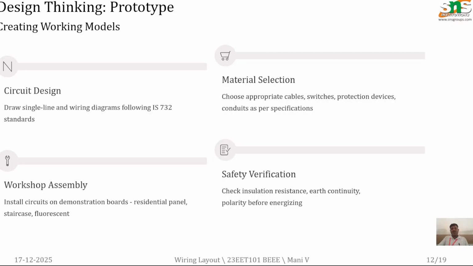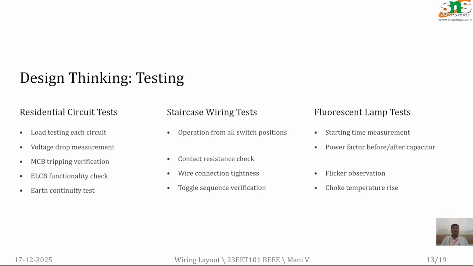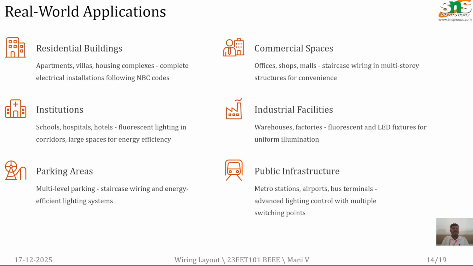You have to install the MCB, ELCB, and especially the earthing, before giving the power supply to any residence. During testing, we can do a load test, voltage drop measurement, MCB tripping verification or ELCB functionality check. By using these testing methods, we can check whether it functions properly or not.